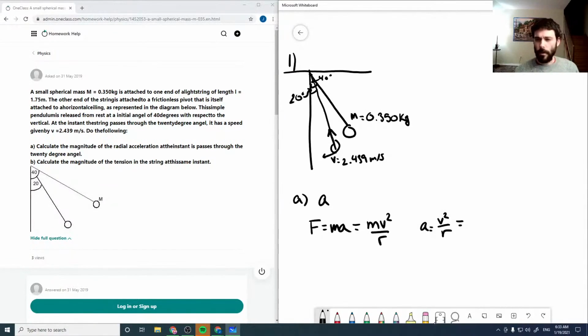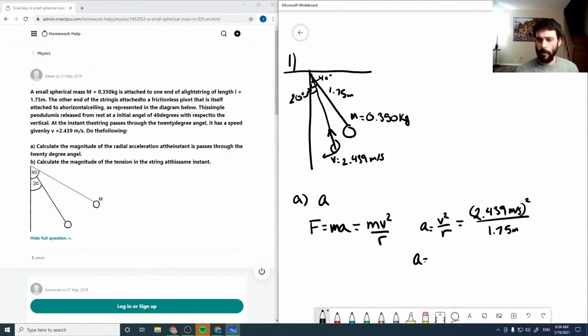So A is v squared over r, which is 2.439 meters per second squared, over our r, which is given in the question as 1.75 meters.